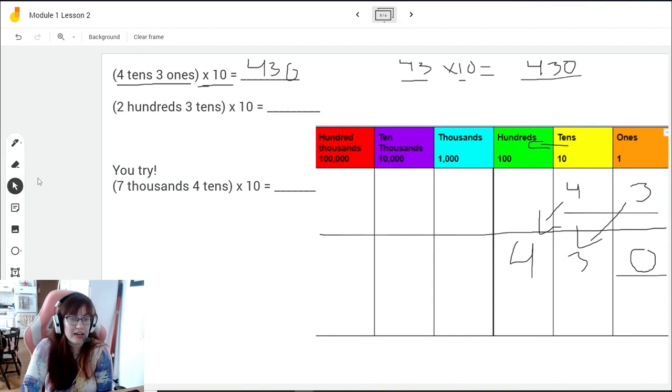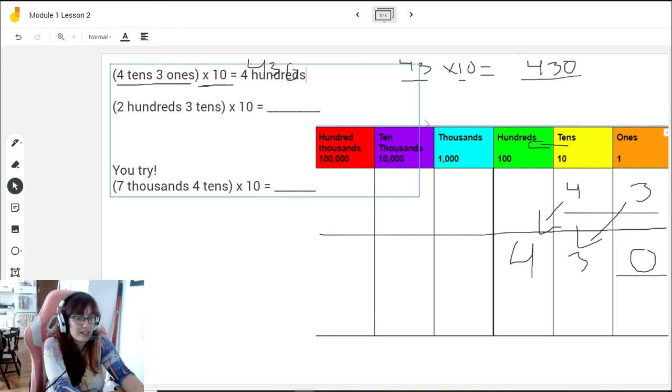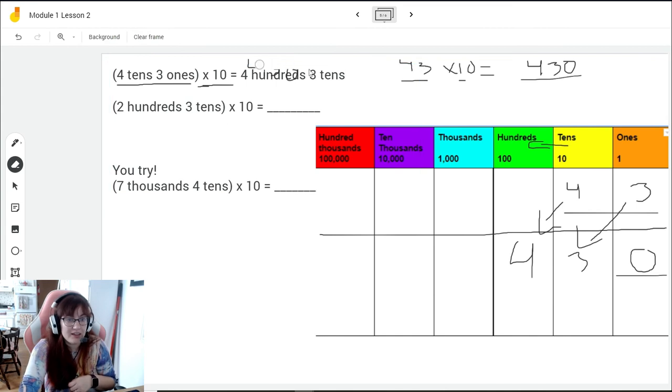Now, when I go to actually write out my answer, remember I can choose to either write out my answer as a number in standard form, like so, or I could also write it out in unit form. So I could type out 4 hundreds, 3 tens, and that would be the final answer for this problem in unit form. So let's take a look at one more problem then, 4th grade.